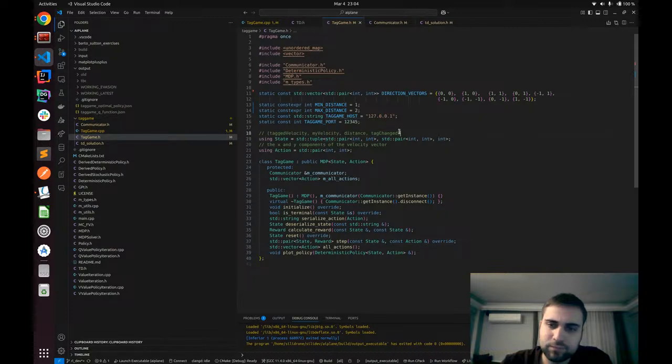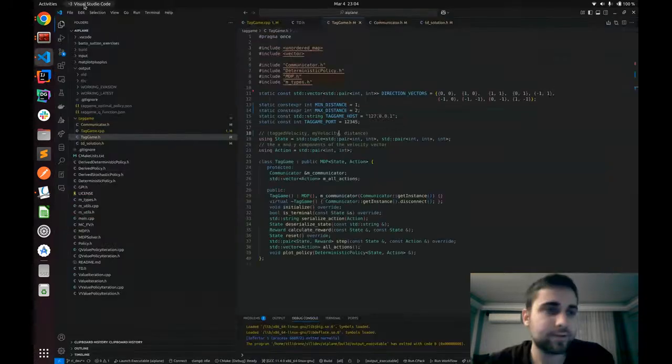Wait, this is not correct. Okay. It's just a pair for XY for representing a vector, over a discretized state space.